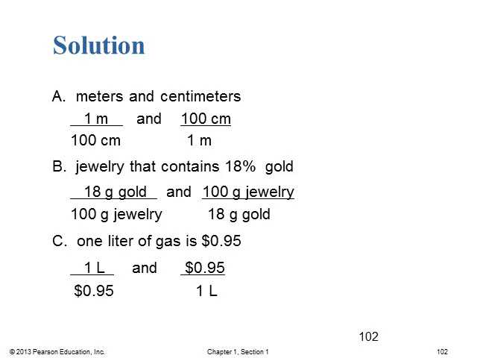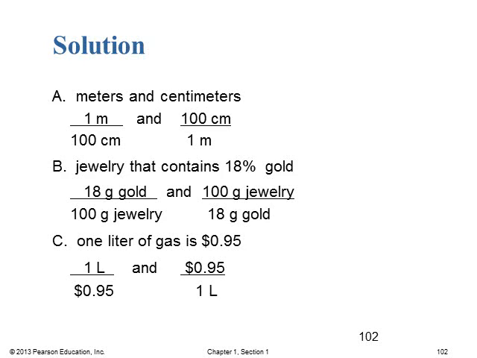Either would be accepted. A jewelry that contains 18% gold. If you haven't noticed the pattern already, make the whole out of 100. So set the whole as 100, and then the part you're looking for is just whatever number they give you in the percent. So 18% gold would be the case if you have 18 grams of gold in 100 grams of jewelry.